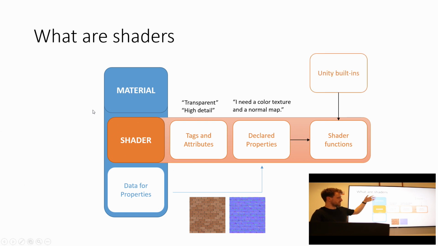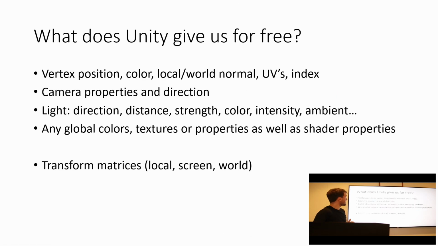Yeah, there's a bunch of built-ins. Unity gives you a lot of stuff for free. That's a good thing. Use it. So what does it give us? You've got all kinds of position, all of your model data: where it is, how big it is, how it's rotated, where each individual point is. You've got where the camera is, what its viewing angle is, how close by it will render.